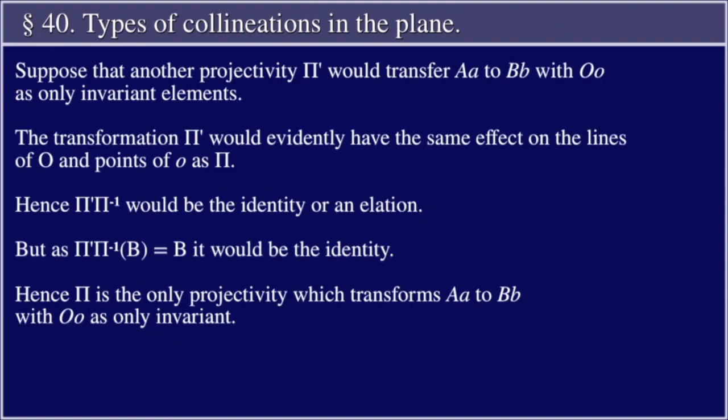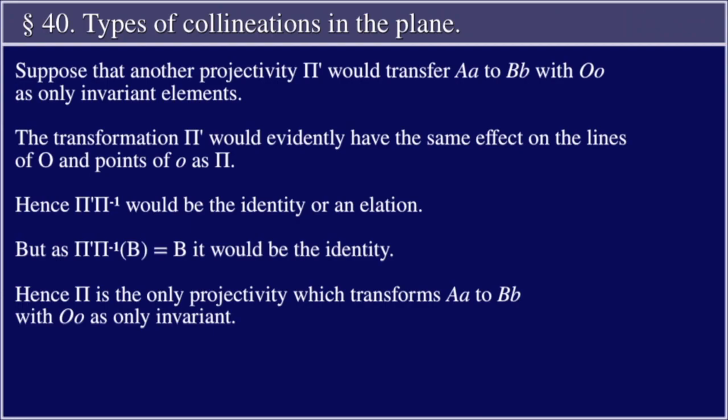Suppose that another projectivity, pi prime, would transform Aa to Bb with Oo as only invariant elements. The transformation pi prime would evidently have the same effect on the lines of O and the points of o as pi.